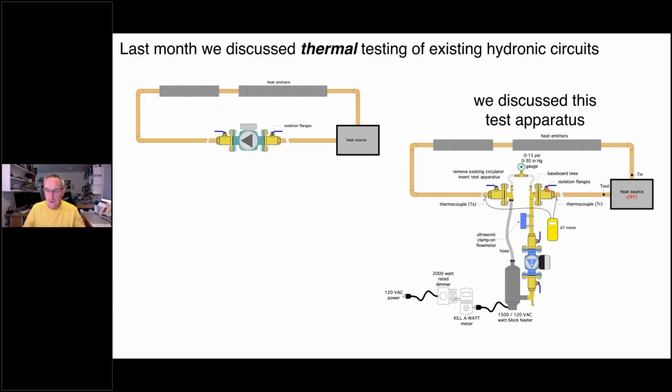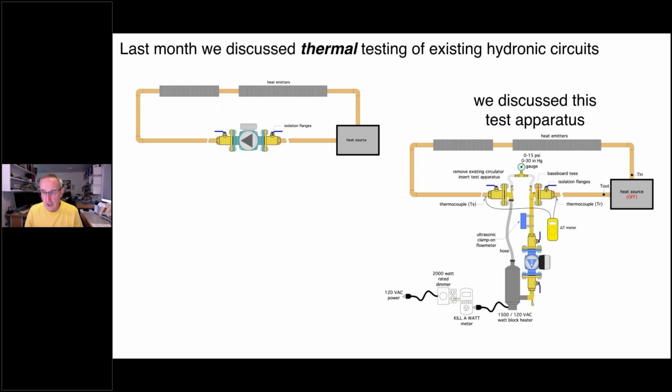So it's possible to close those flanges or close those ball valves, remove 4 bolts, and just slide the existing circulator out. So this is the easy way to tap into the circuit rather than cut the pipe and try to temporarily create some type of apparatus and then have to go back and repair it.